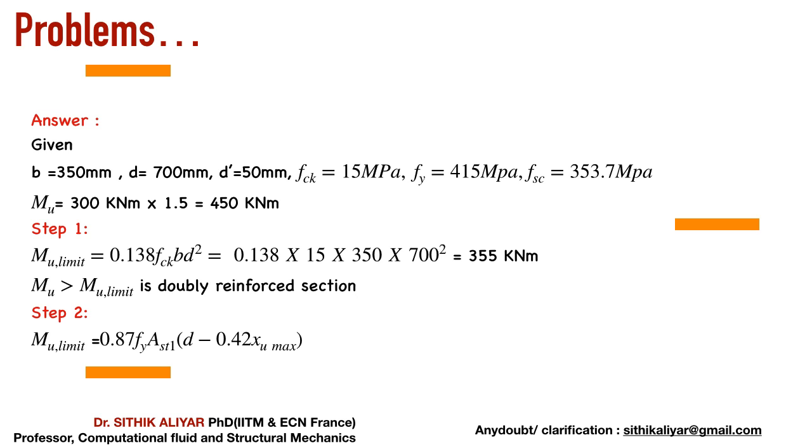Now step 2 is calculating the Ast1. To determine the Ast1, you know 0.87, you know Mu limit already calculated. You know Fy, you know d value, you know Xu max value. I think you should know the Xu max value because Fy is 415, and then you can determine the Ast1.